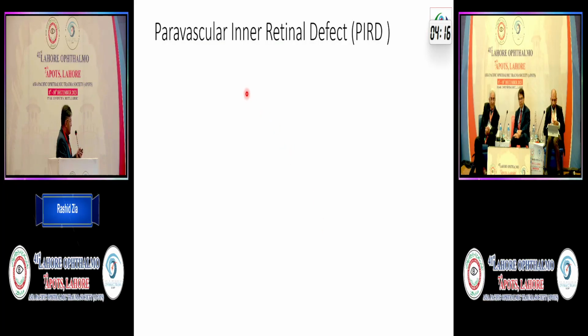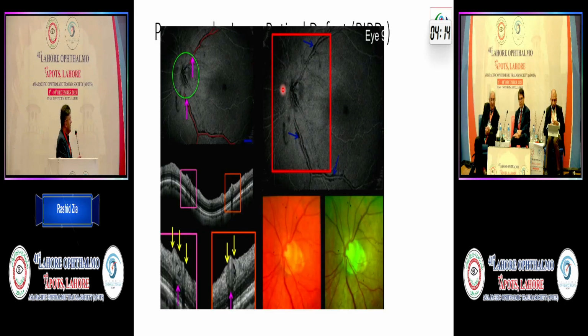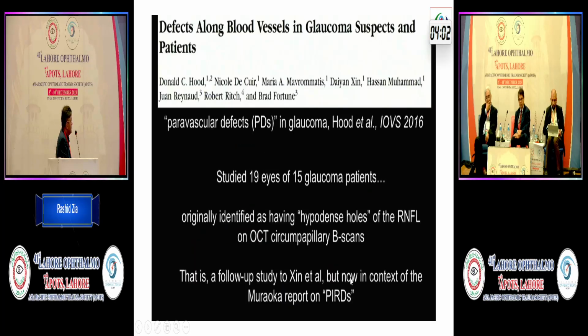This is again the same thing. You can see the paravascular defects radiating out along the blood vessels, and you can see these defects of different shapes and sizes. But once it was done, that was it. People forgot about PIRD in glaucoma patients.